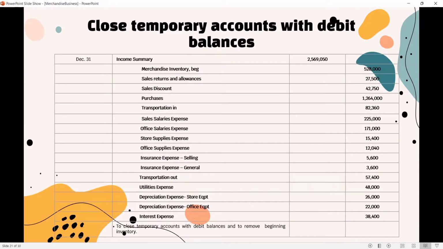So second, close temporary accounts with debit balances.